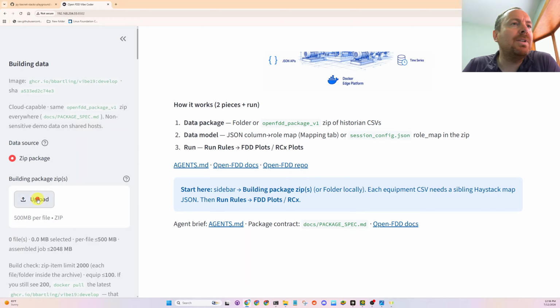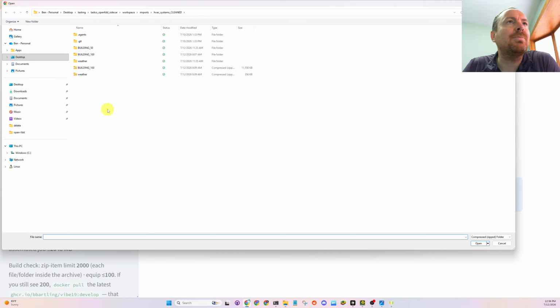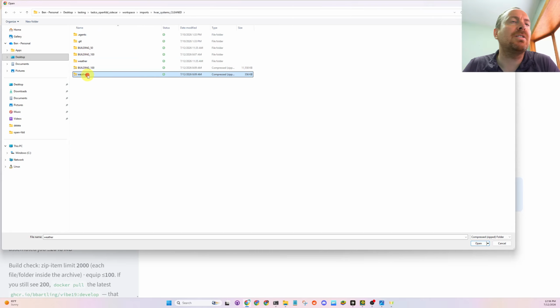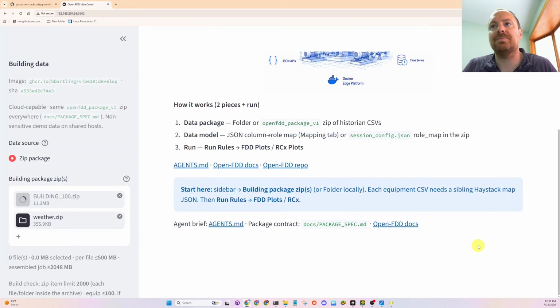Basically I'll demonstrate this on the next building, but so this is my weather data. Basically I have weather data downloaded from openmedio.com, and then this is the building 100 data set.